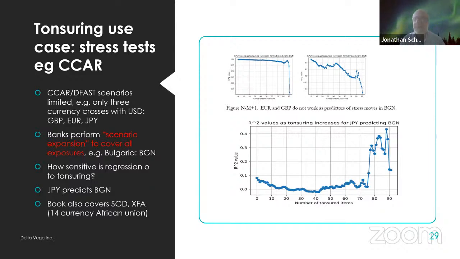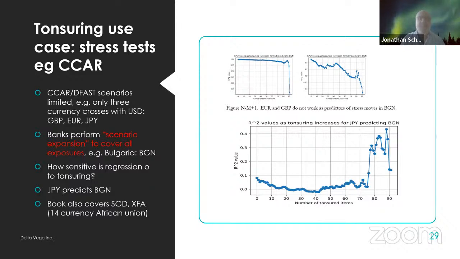So, the Fed can't provide everything. For instance, for currencies, they're only going to be providing currency rates crossed with the US dollar for pounds, euros, and yen. So major currency countries. But suppose you have a portfolio that has the Bulgarian currency, which is BGN.